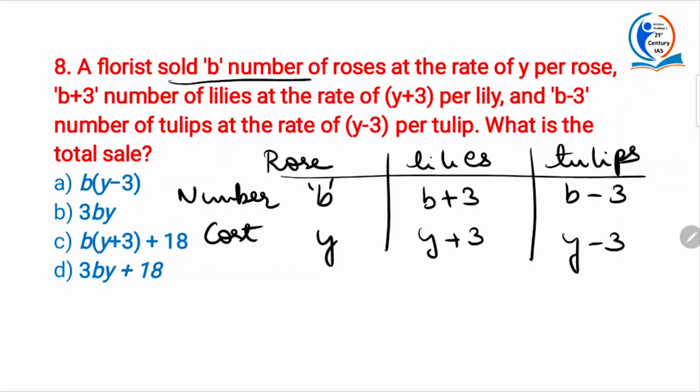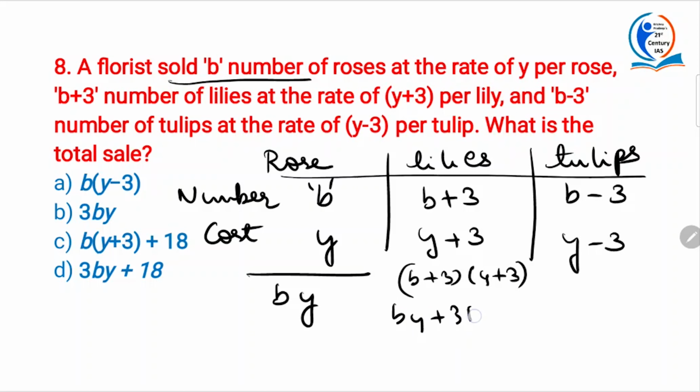Now, what is the total sale? The total sale of roses is b into y. Lilies is b plus 3 into y plus 3, so it is by plus 3b plus 3y plus 9. Now coming to tulips, it is by minus 3b minus 3y plus 9.